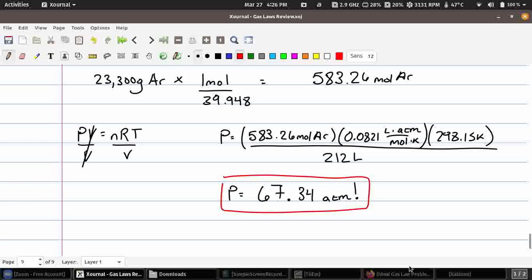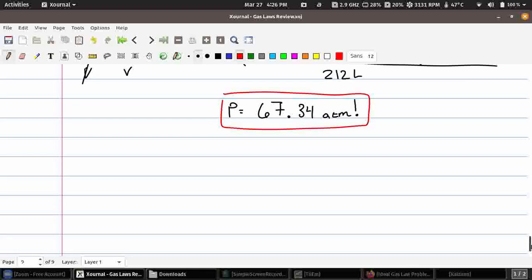So I'm gonna go over partial pressures real quick, because that doesn't take that long, and then we'll be done. I'm gonna draw my famous beakers.